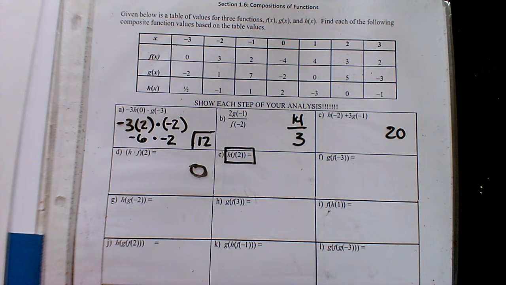Can you look at the way it's written and interpret what it is saying? Can we brainstorm some ideas? What do you think, Noah? F at -2 and then whatever that is, then you do an H of that.